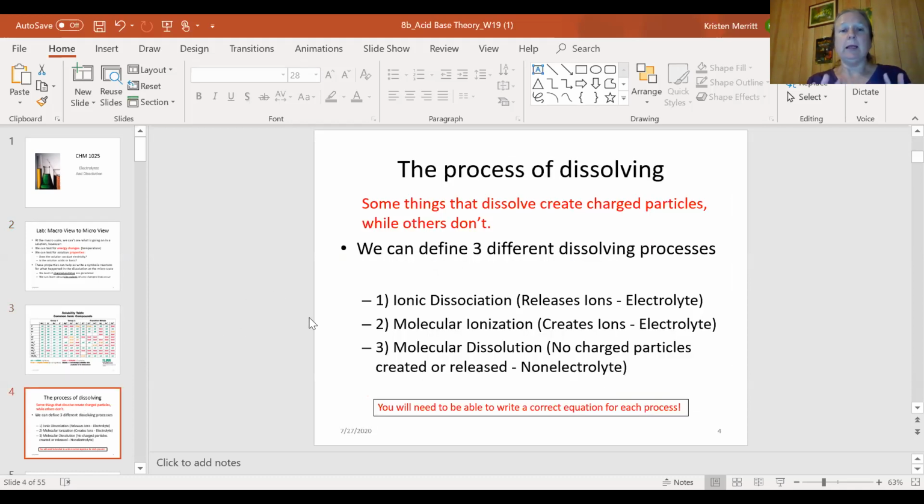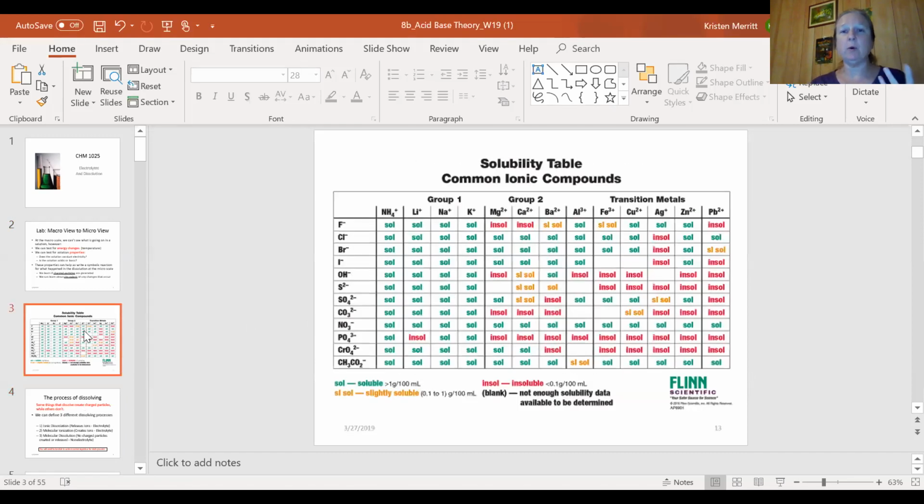So here are the 3 types of dissolution reactions. Now, there's a 4th category, and that is insoluble. So we sometimes have something like magnesium hydroxide. If you say, what happens when you add that to water?